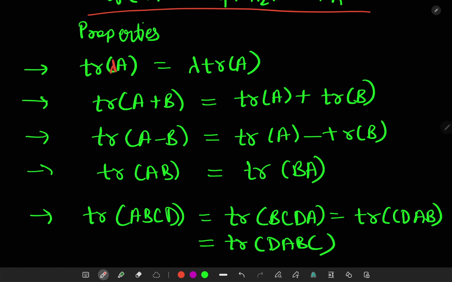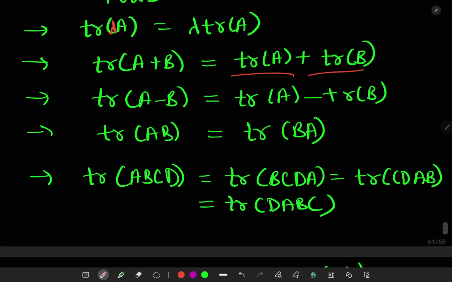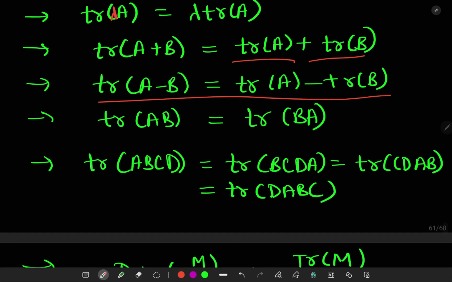Trace of lambda A equals lambda trace A. Trace of A plus B equals trace of A plus trace of B. Similarly, trace of A minus B equals trace of A minus trace of B. And we can write trace of AB equals trace of BA.